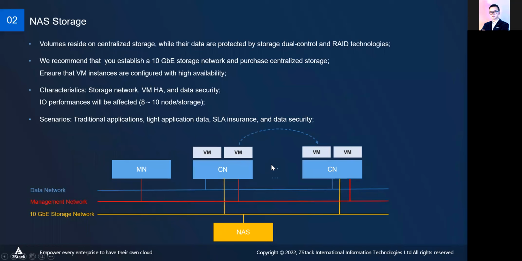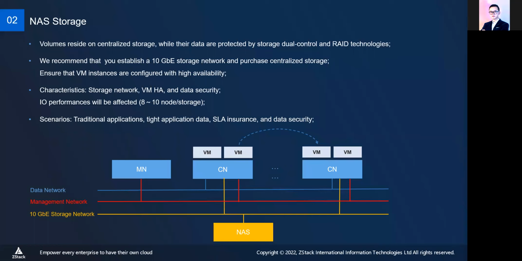And then there is NAS storage. So we support NAS as NFS or a shared mount point to mount to ZStack. But for NAS storage, we need to plan a dedicated storage network to connect with the computer node. So this is the only difference from local storage.